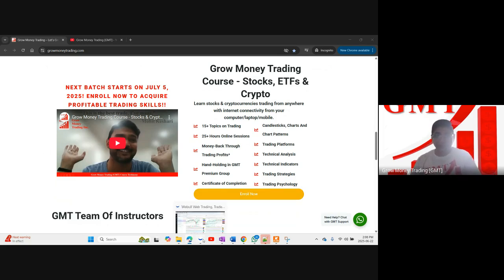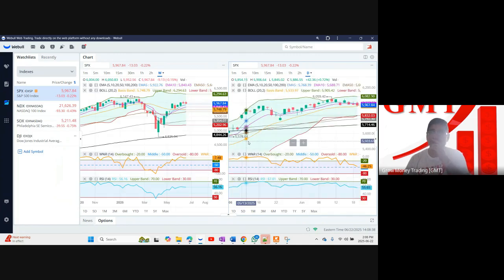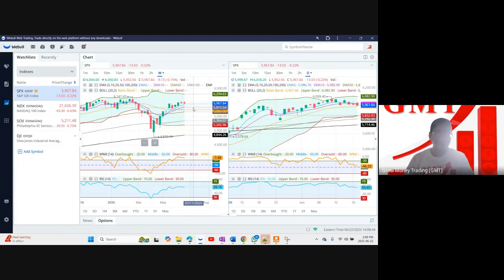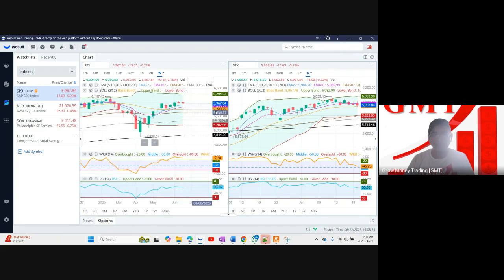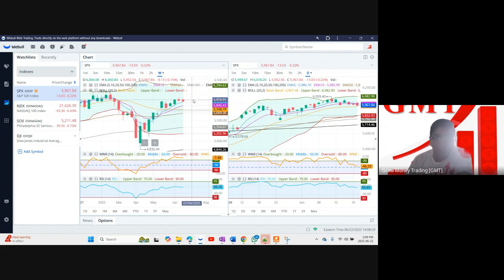With that, we'll start with the analysis of the major US market indexes. We'll start off first with SPX. As of the last week's analysis, we expected a drop in the market, which has happened last week. If you look closely, the last week's candle has almost engulfed or covered the previous week's candle and is downward.